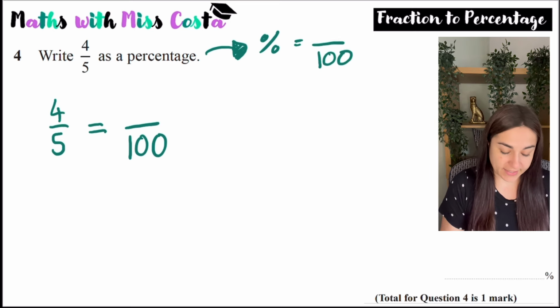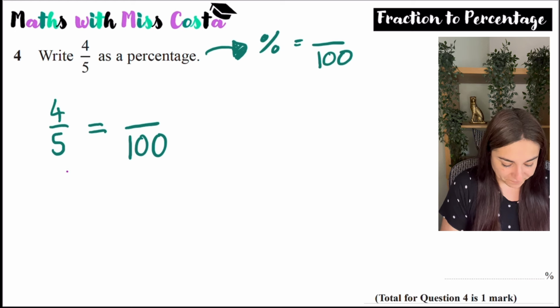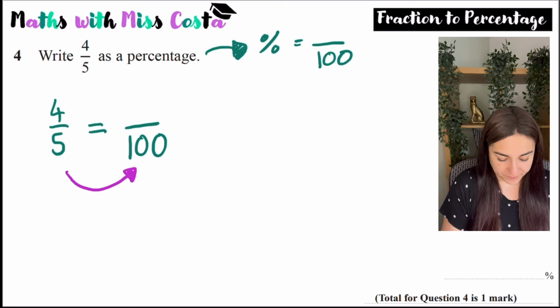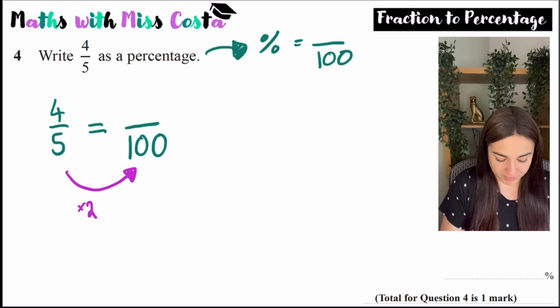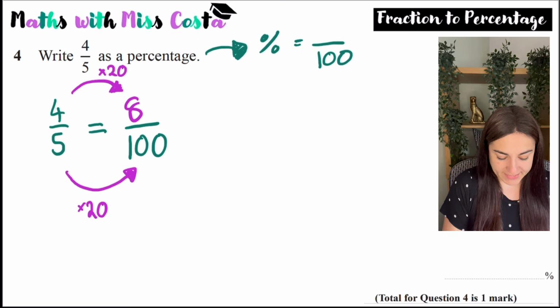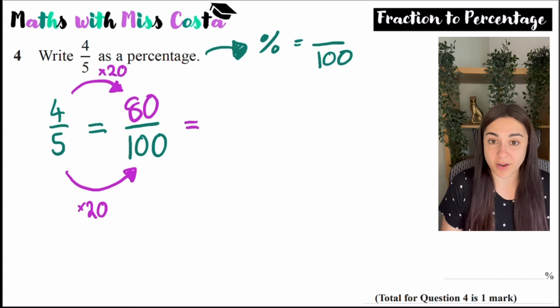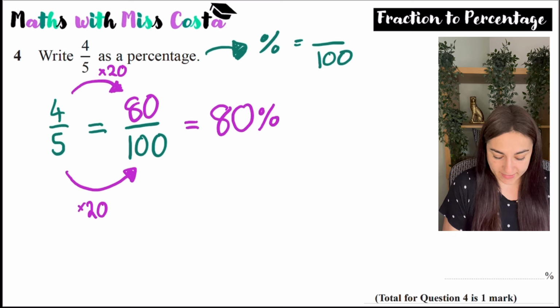So anything expressed as a fraction out of 100 is a percentage. So I can say to myself, okay, 5 times by what makes 100? 5 times by 20 would get me to 100. So I need to do the same to the numerator as well. 4 times by 20 is 80. And 80 over 100, anything over 100 tells you what it is as a percent. So that would be 80%.